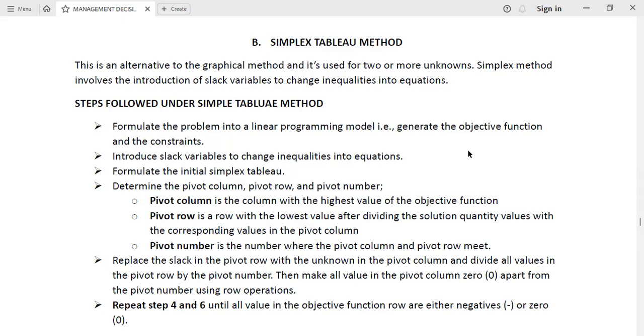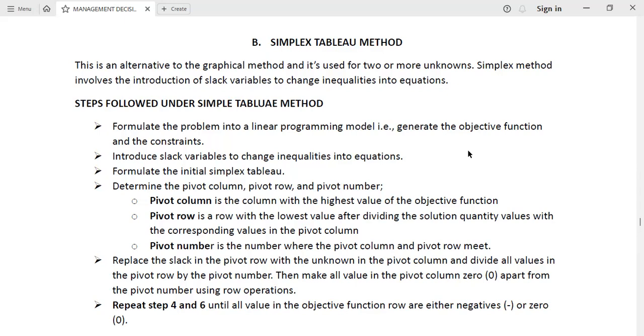The simplex method introduces a new component that you haven't seen, the one we call the slack variables. The role of the slack variables is to make sure that you can change the inequalities into equations.